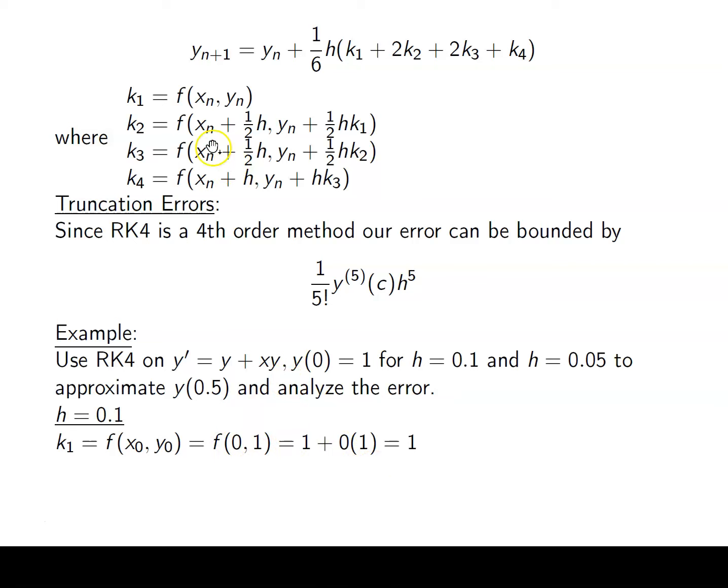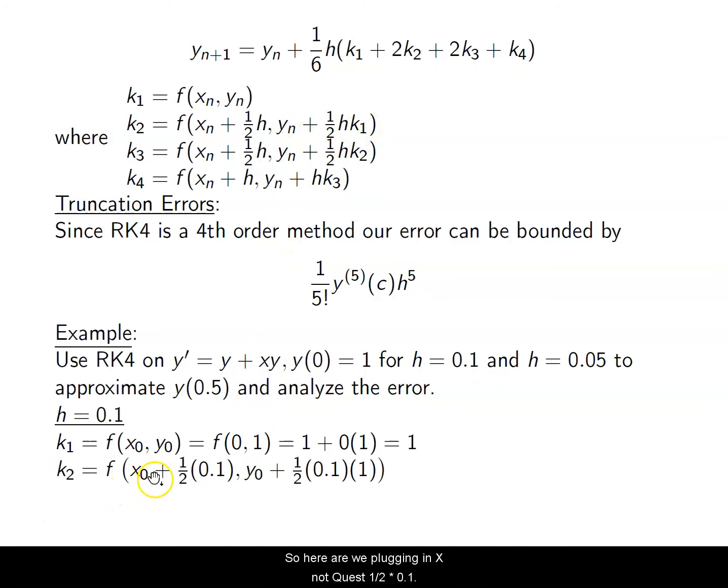Okay. K2 is going to be the same thing, but instead of being at 0, I will be at half of my step size away, right? So at 0.05 away, because my step size right now is 0.1, and then we can work out this thing as well, right?